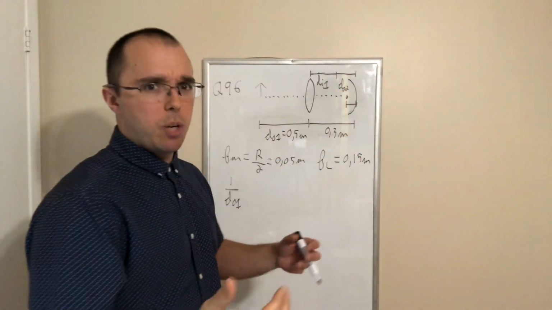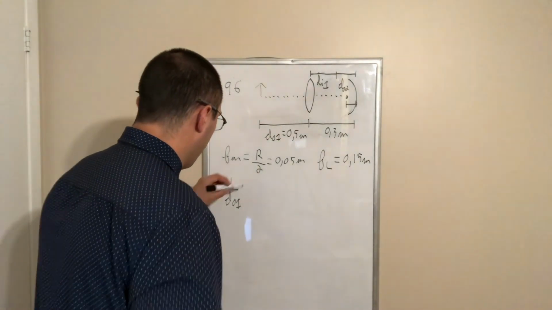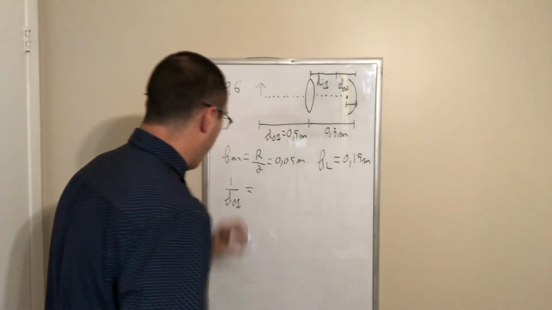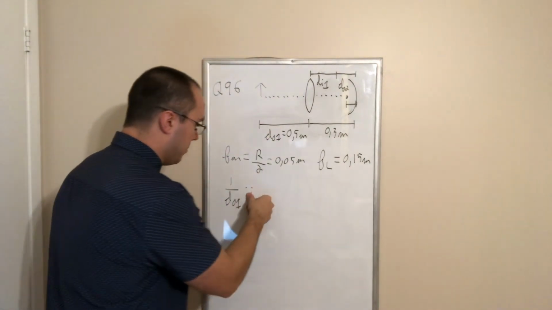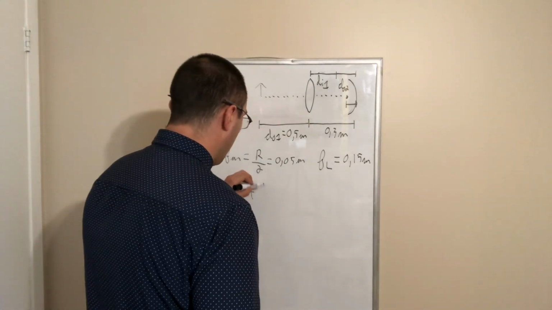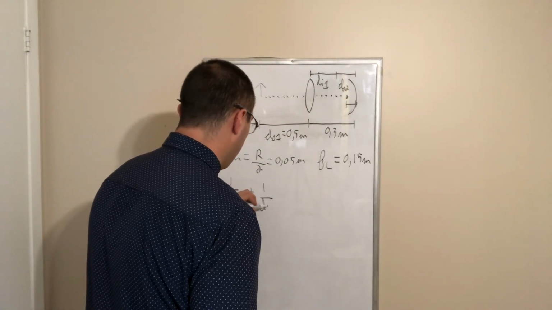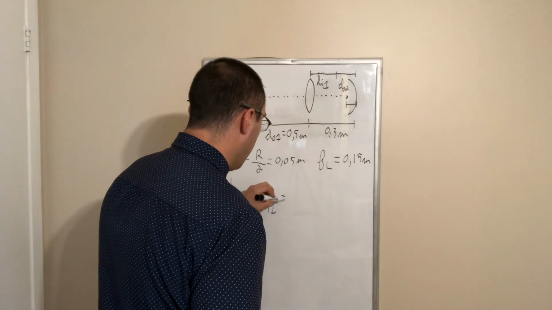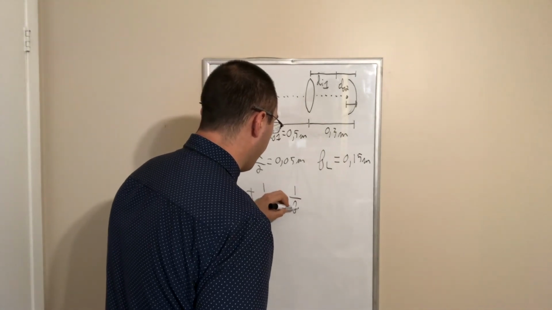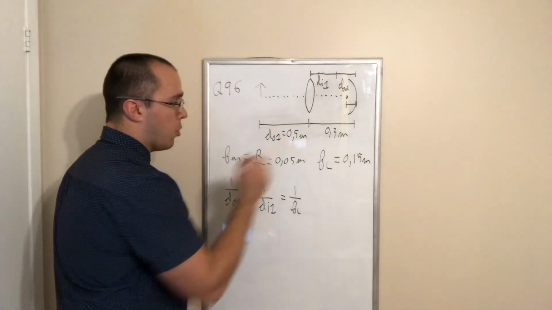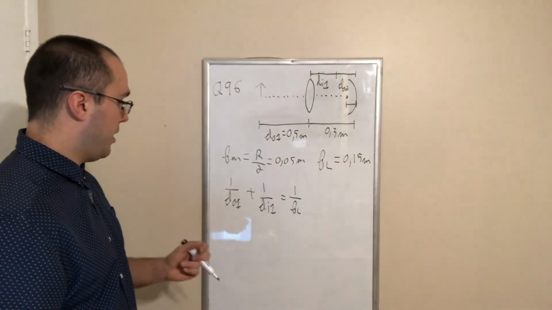And same logic with the image here. So we have 1 divided by DO1 plus 1 divided by DI1 is equal to 1 divided by FL, the focal length of the lens here.